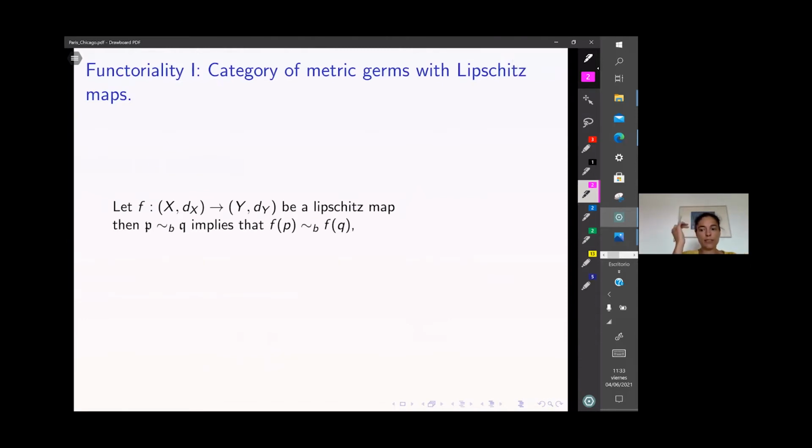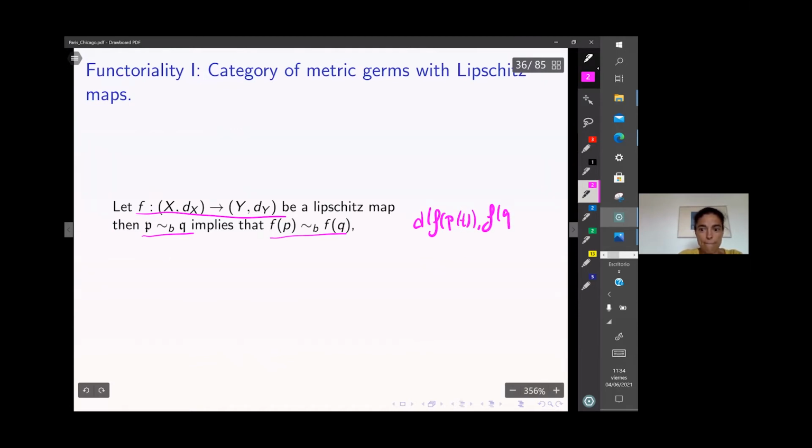Okay, let's see functoriality. The first functoriality that these groups have is for Lipschitz maps. If we have a Lipschitz map, then equivalence of two points for the parameter b implies that the images are also b equivalent. This means that the distance goes to 0 faster than t to the b, and then you use the Lipschitz condition.